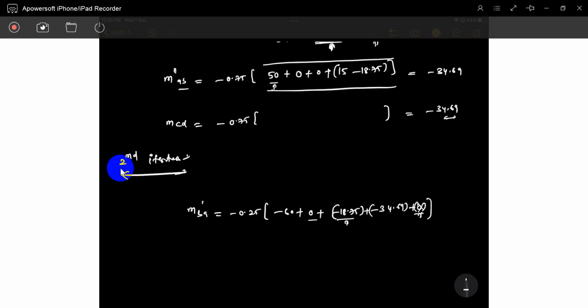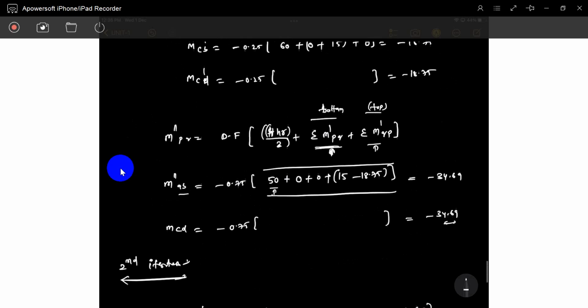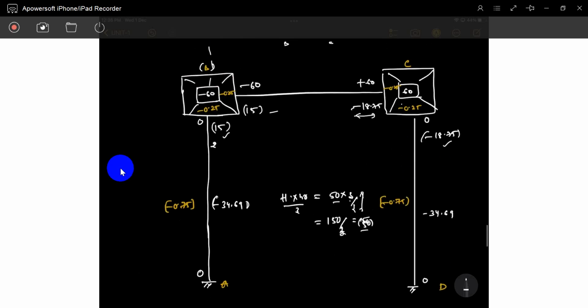So now what is this value? 18.75 minus 34.69, minus 60. Its value is minus 28.36. For BC also, you will get the same thing, because the rotational factor is the same. The sum doesn't change. 28.36.